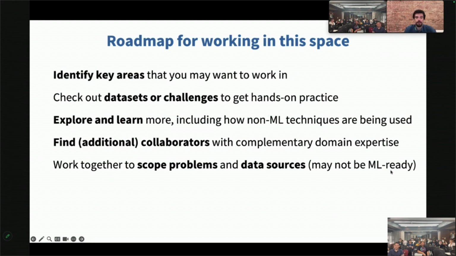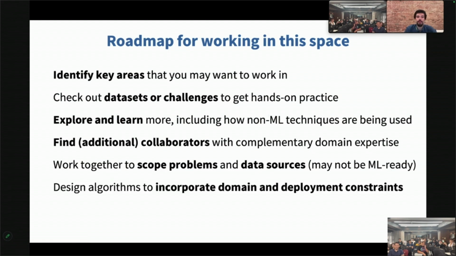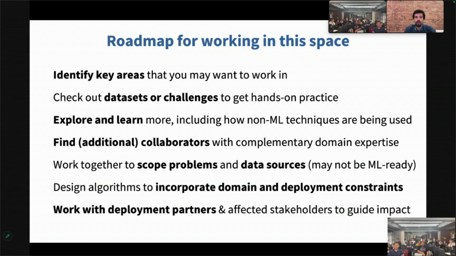When you design your algorithms, remember to incorporate domain knowledge, including deployment considerations like robustness or interpretability that need to be built in. Talk with the relevant stakeholders to better understand these factors and work with them to make sure that your work actually gets deployed impactfully.